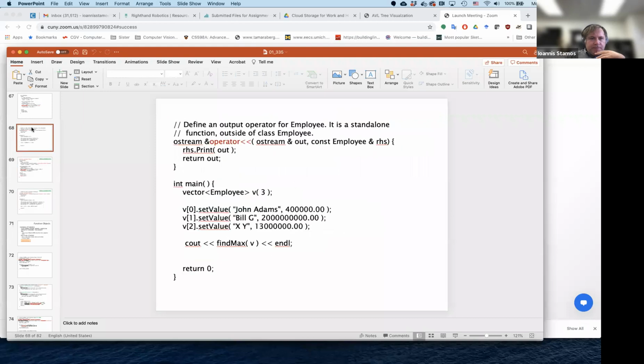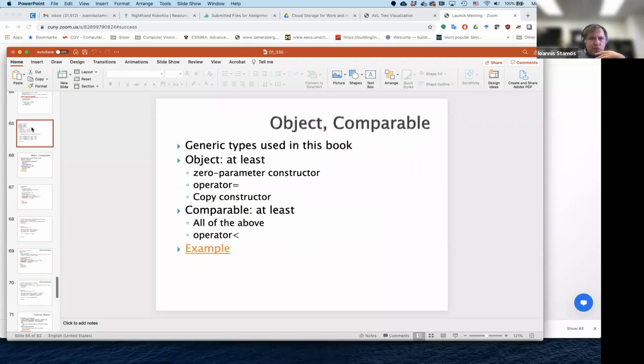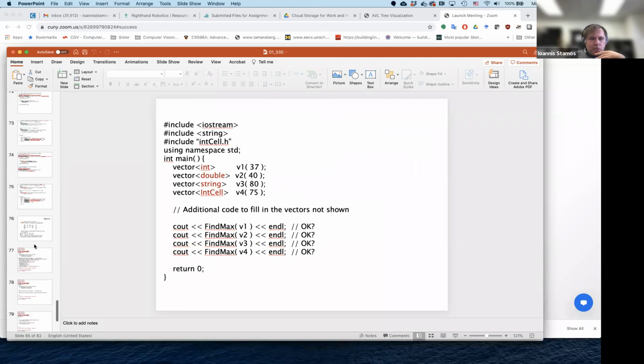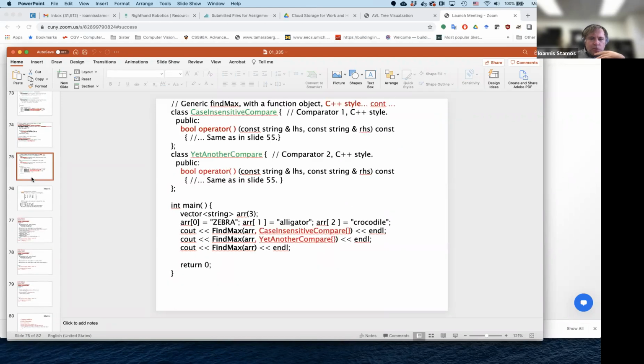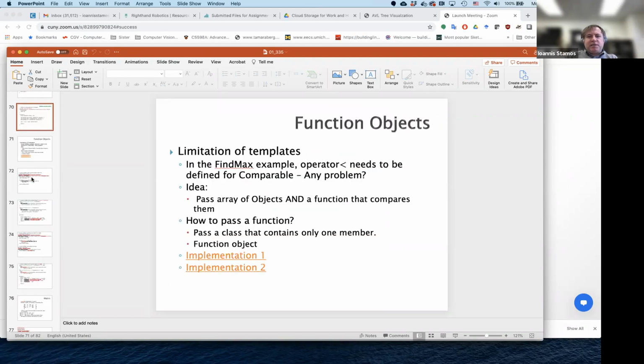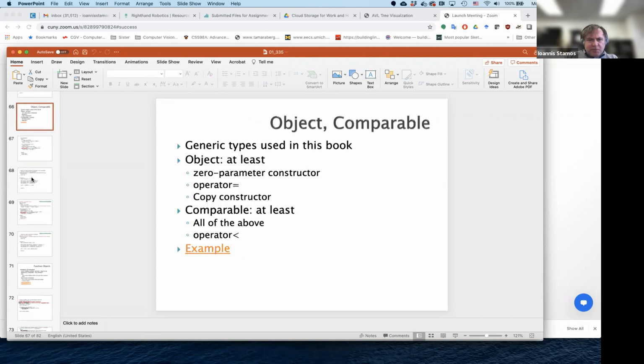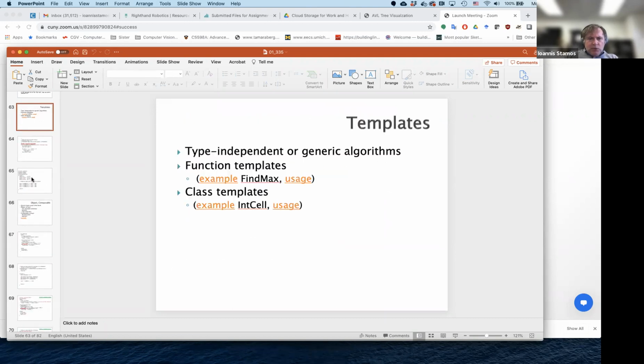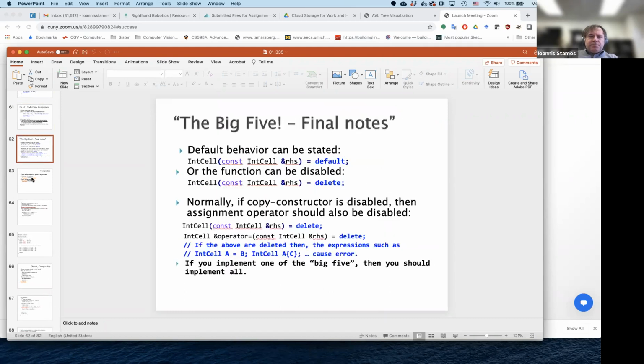Wait. Let me see. Just want to find the slide instead of writing it down because it's already there. Here it is.